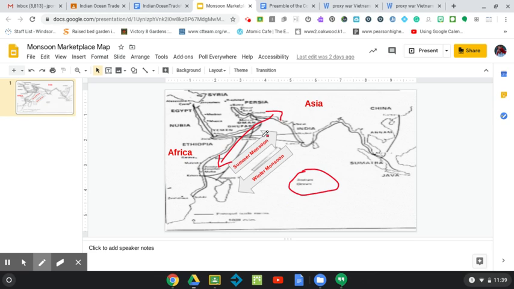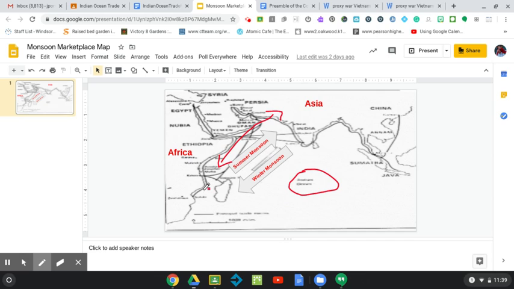So if it was in the summer months, these summer winds would blow from Africa up to Asia. That made it very easy for traders and sailors to travel from Africa to Asia during those months. And it was like clockwork. It would happen every summer during the summer months.